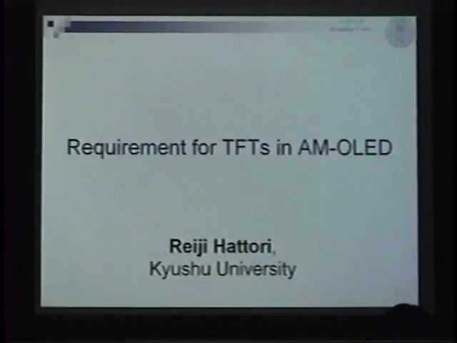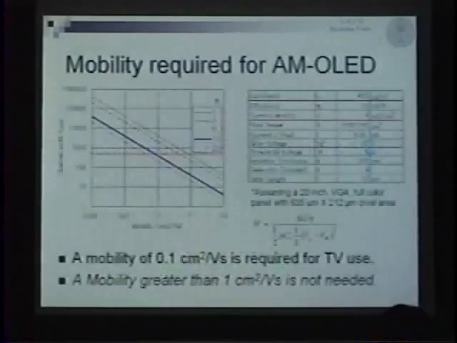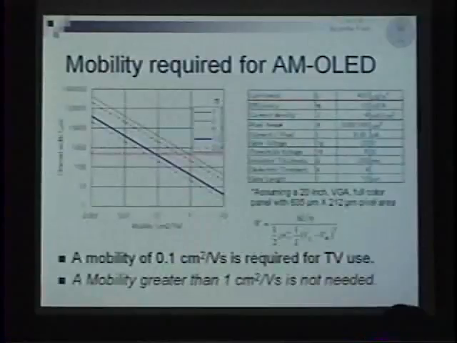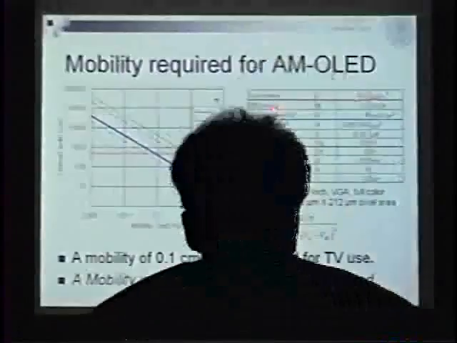Requirement of the TFT in the AM OLED. Do you know how high mobility is required for the AM OLED? These are the parameters we use to calculate the TFT size.